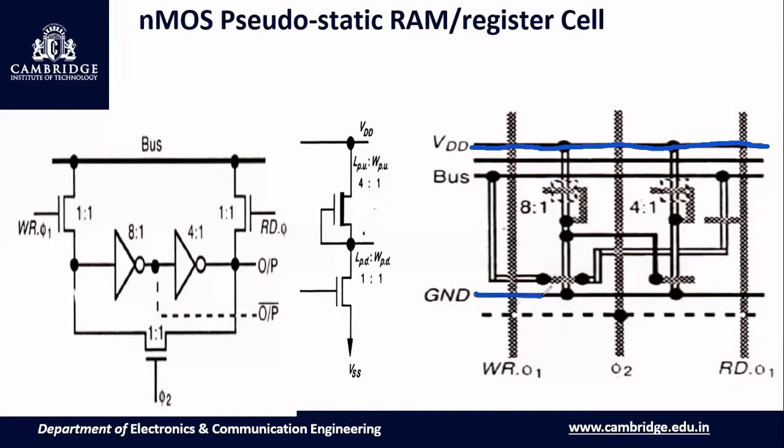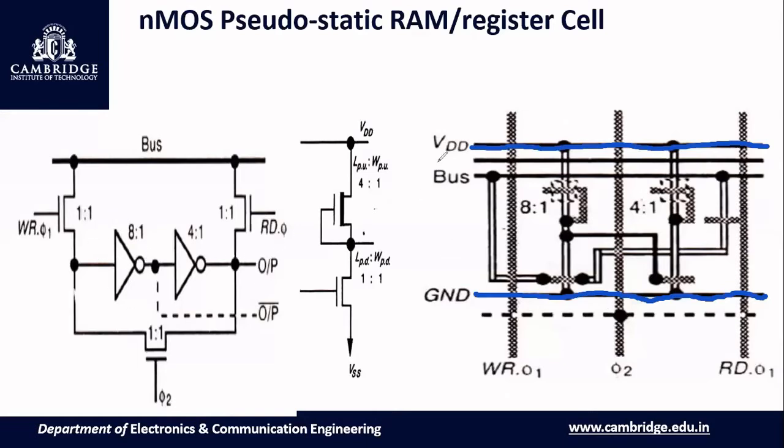Can you make out? So the VDD rail and VSS rail have been drawn. VDD and VSS would be required for the inverter. There are two inverters here, right? That is shown here.